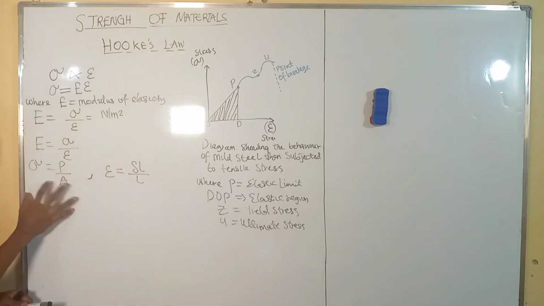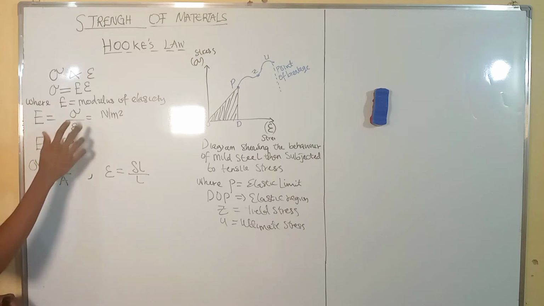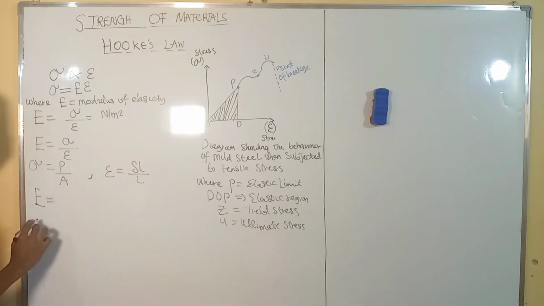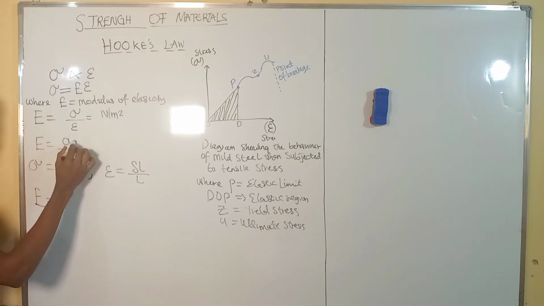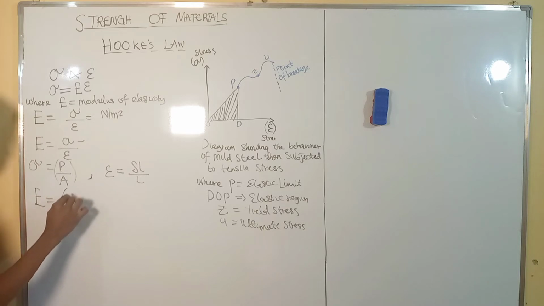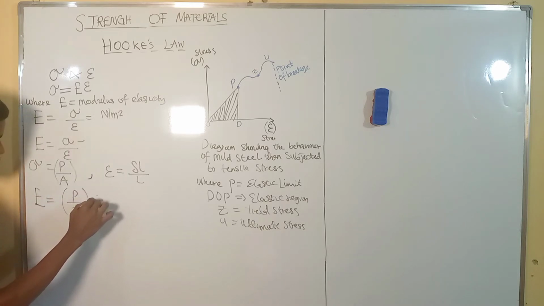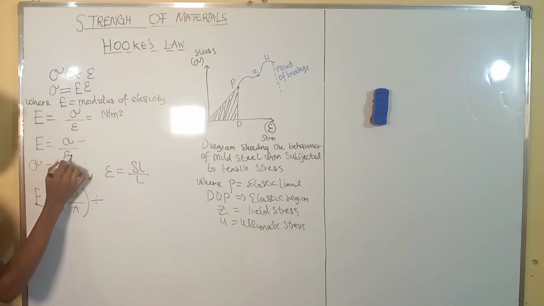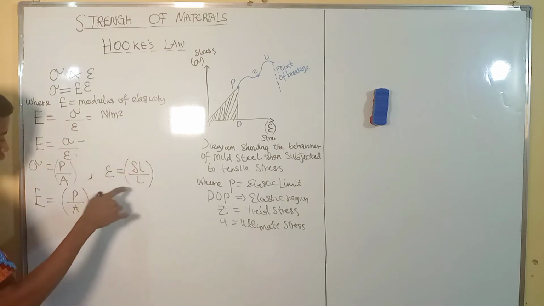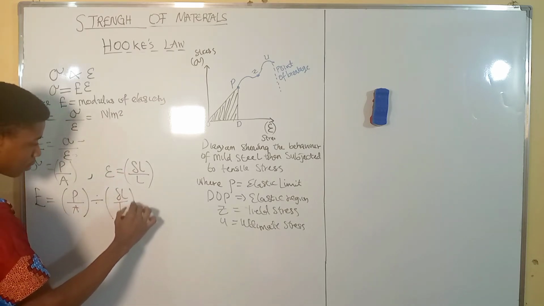And when we substitute these parameters into the value of our modulus of elasticity, we have that E is equal to, which we represent as P over A, divided by our strain, which we represent as deformation over the length.